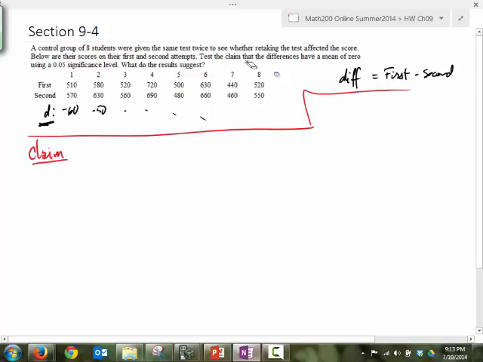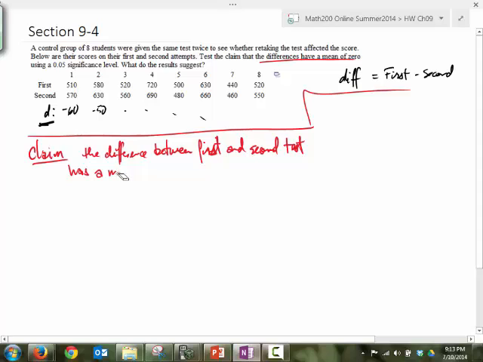So the claim in words is easy enough to copy and rewrite down. The difference has a mean of 0. And maybe we want to include the difference between the first and second test. Has a mean of 0.